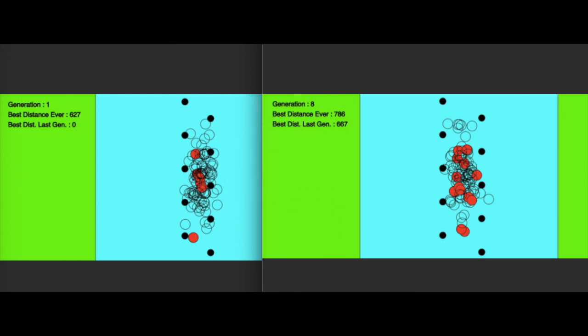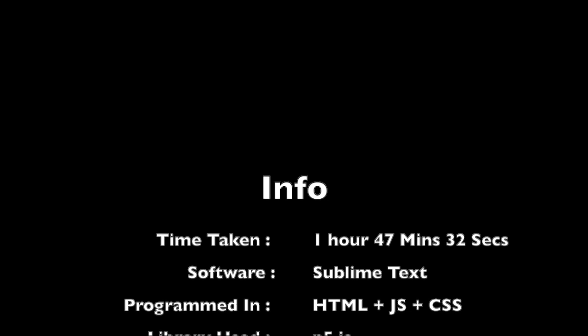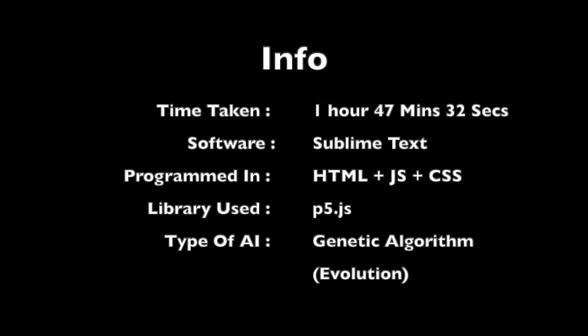In Generation One, there weren't so many red circles or players in the same place as Generation 8, where there were much more, which means they're actually evolving. Then in Generation 11, they actually made it. Well, not they, just one player. And here's some information about the time taken and other stuff.